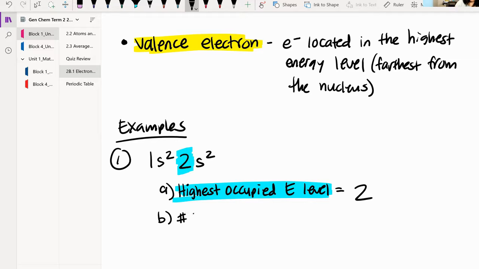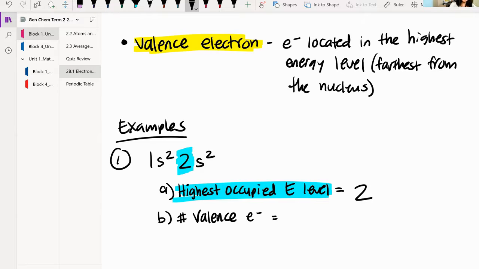Number of valence electrons. Yeah, Aiden, that's right, 2. Because I'm looking here, the highest occupied energy level is level 2. And look at how many electrons we have inside of that second energy level.